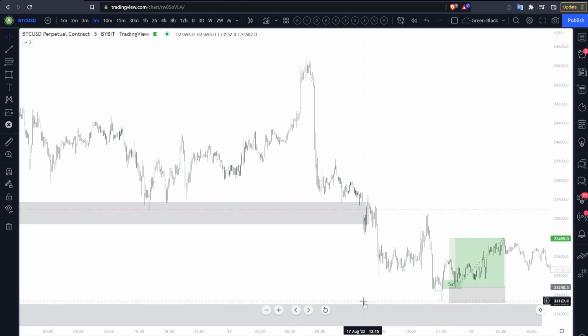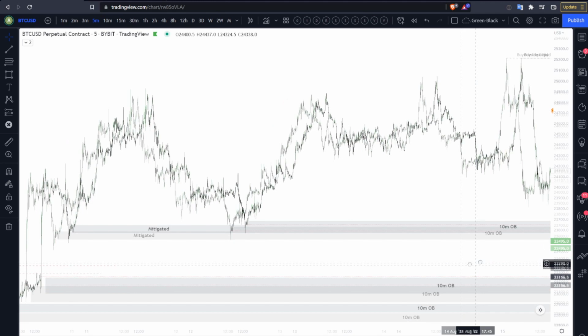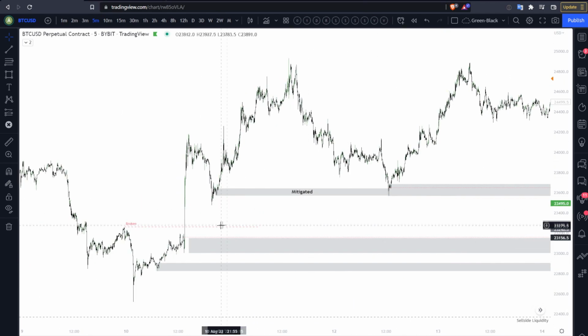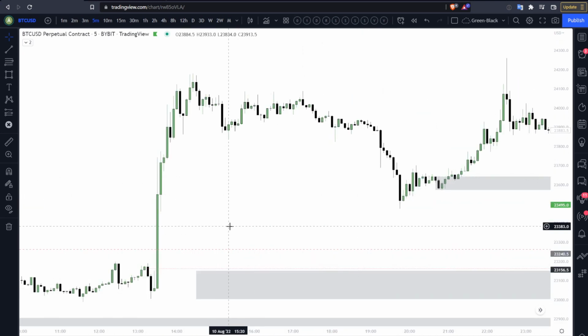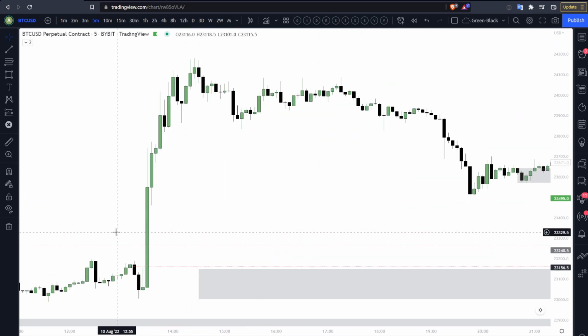So this dotted red line here and here, if we are going back to our order block, this dotted line is the point of control of the order block. If we are using this tool, you can see that the majority of the volume was in this area.